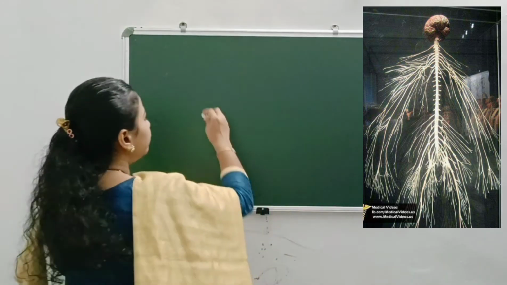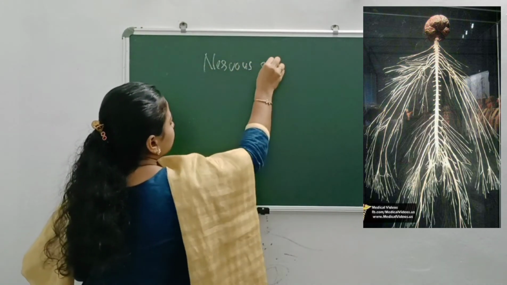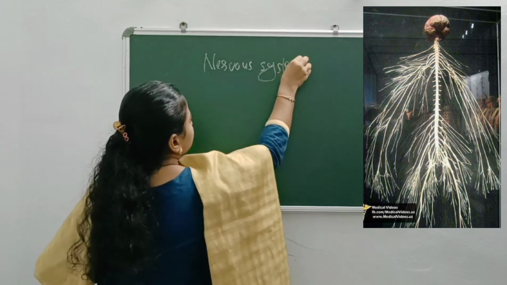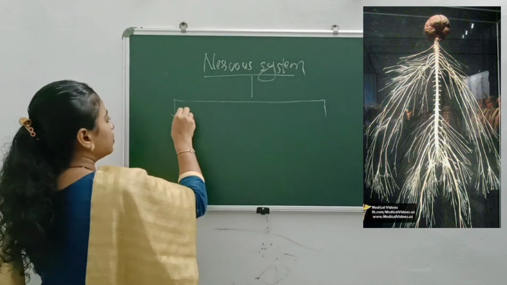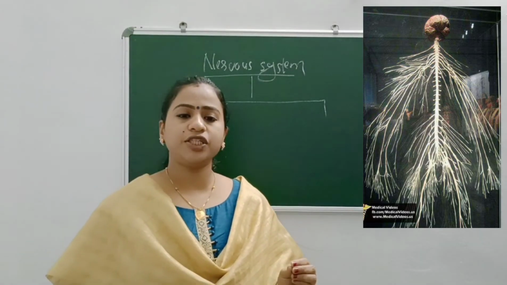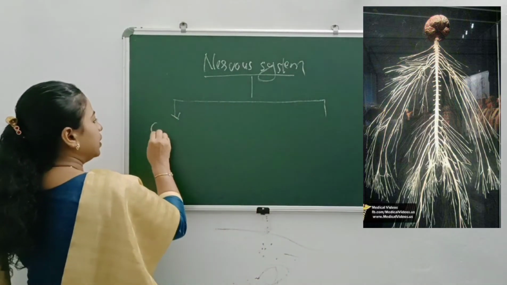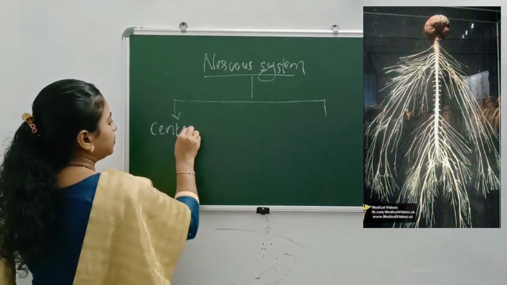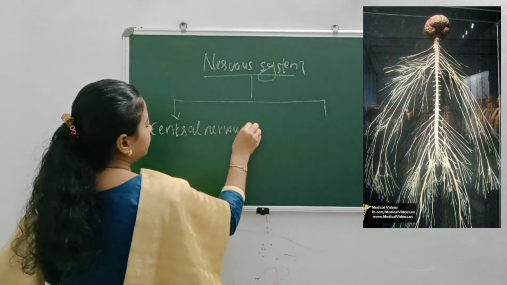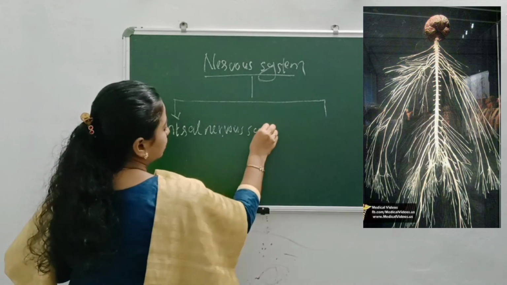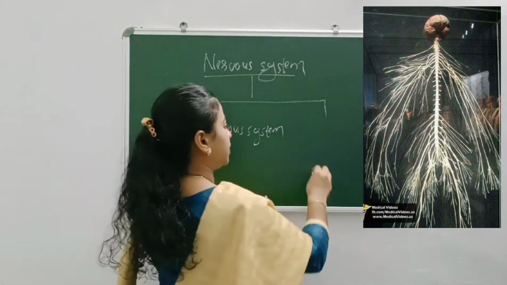Okay, the nervous system is classified into mainly two parts. They are the central nervous system and the second one is the peripheral nervous system.